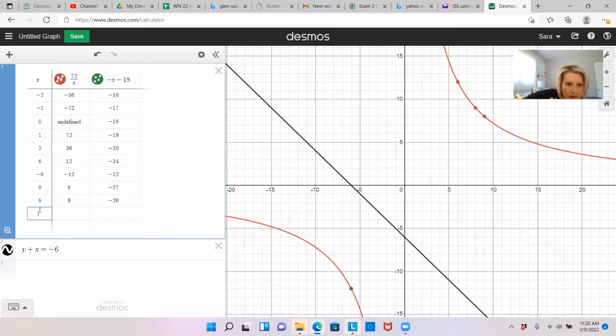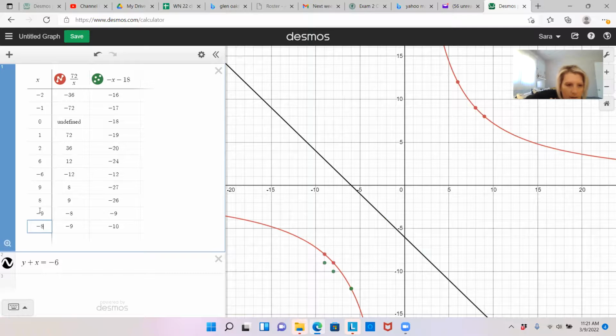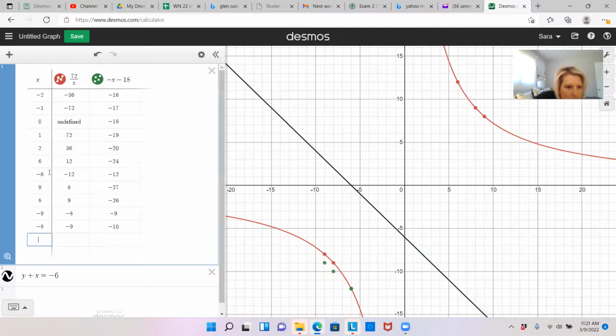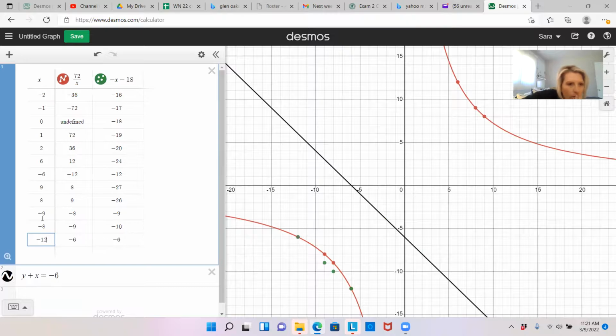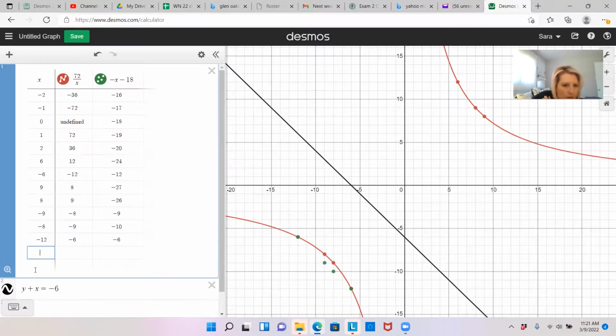So we also have to try a negative 9, and negative 8, negative 12. Oh, negative 12, there it is. Negative 12 is negative 6 and negative 6. Okay, so we're using negative 12 and negative 6.